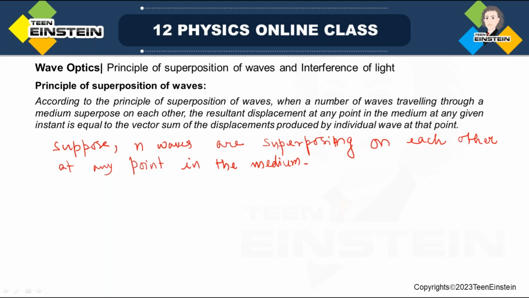All right, so at any point it is like n number of waves are superposing, and let us say individual waves produce displacements y1, y2, and so on.